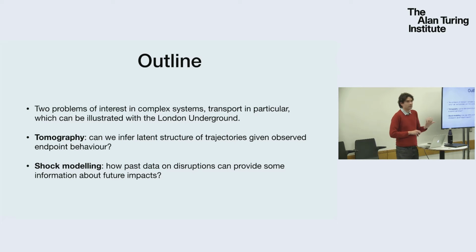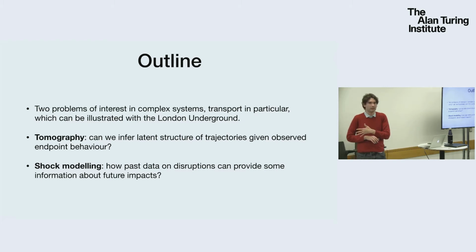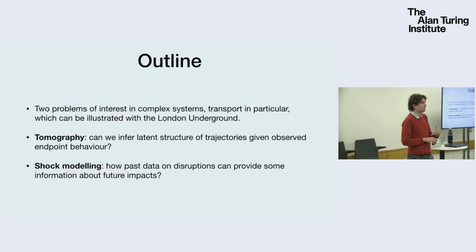So the second half is work in progress. And this, as I mentioned, is going to be much more theoretical than I wanted to present here. So it will be about methodological ideas for understanding shock modeling. There is some unplanned disruption in the tube. People behave in some maybe unusual ways. And you want, after observing several of these disruptions, to understand whether there is a common pattern behind that.